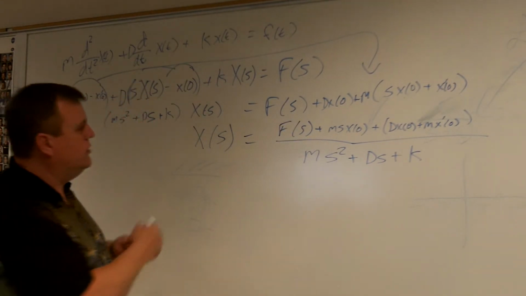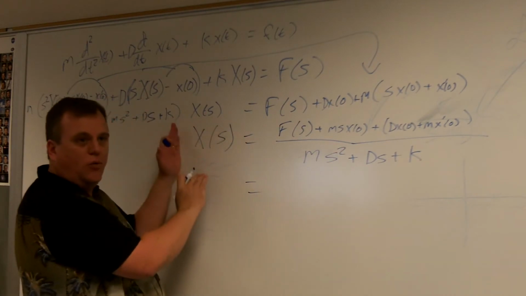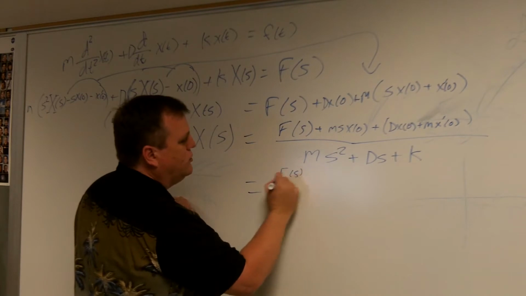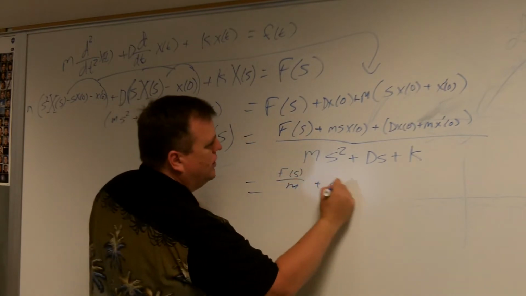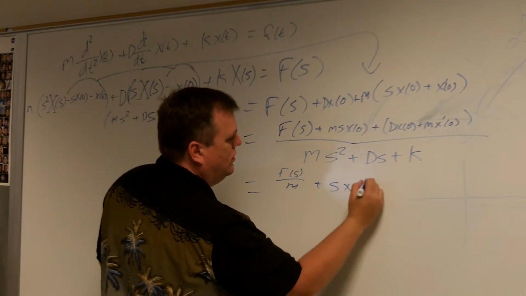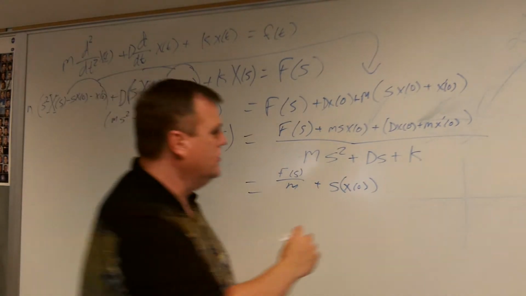That's the multiply by 1 trick, so it doesn't change anything. I don't have to do anything on this side. I multiply by 1 here, I multiply by 1 here. But that gives me f of s over m plus s. This is why I didn't move that m. I'm going to put this in parentheses just so you notice it's a power of s there.